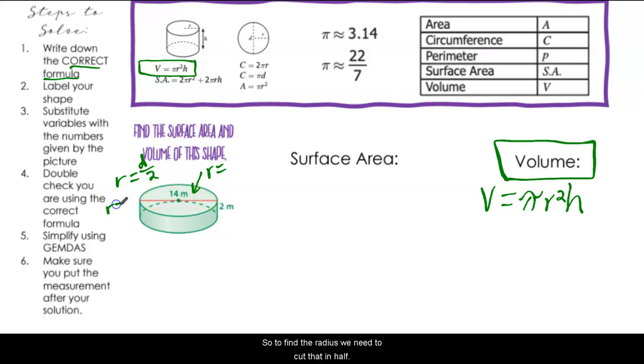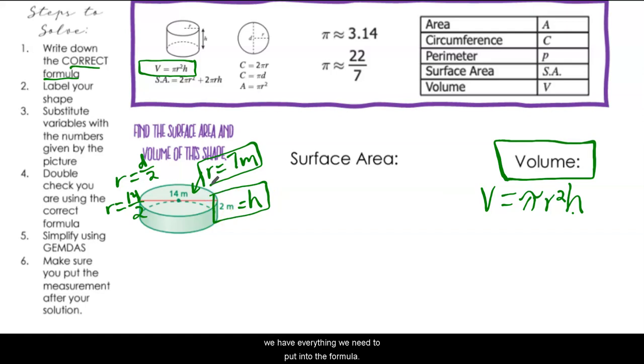So to find the radius, we need to cut that in half. And so our radius is going to be equal to 7 meters. And pi is pi. The next thing we need for our formula is our h value, which is our height. So 2 meters is going to be equal to our height.